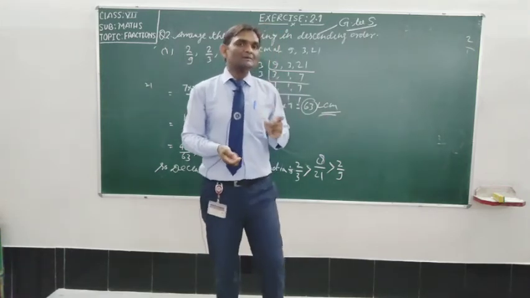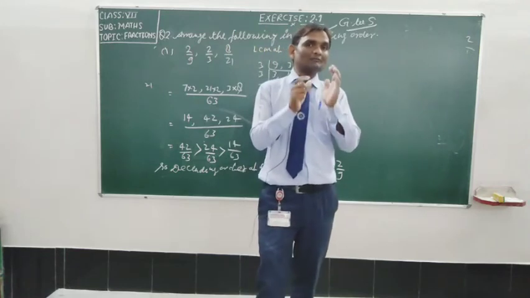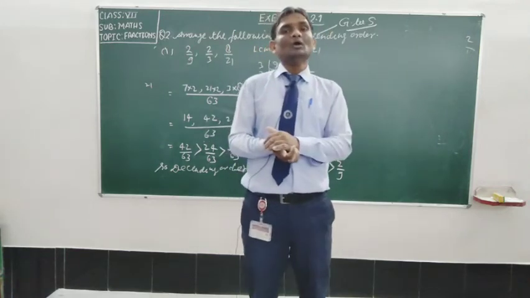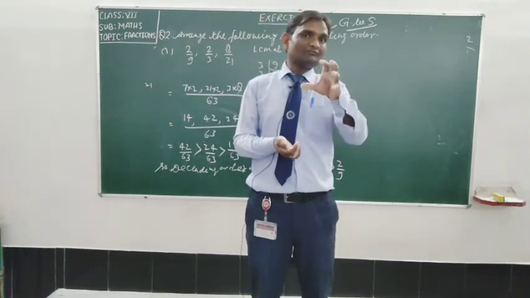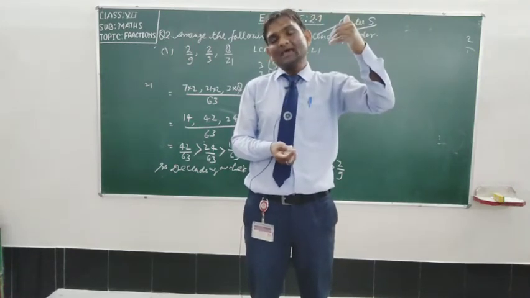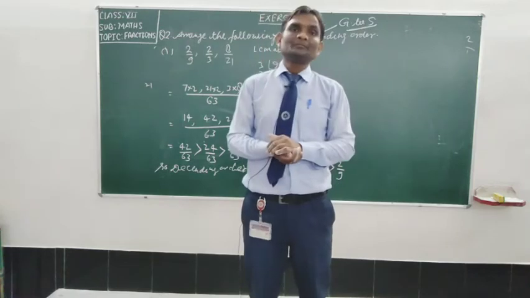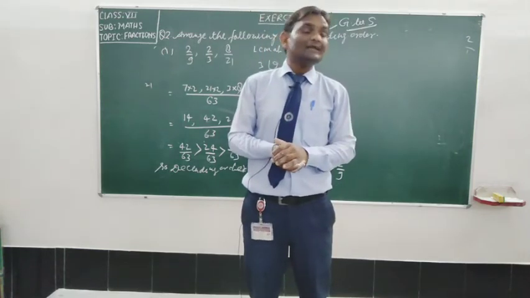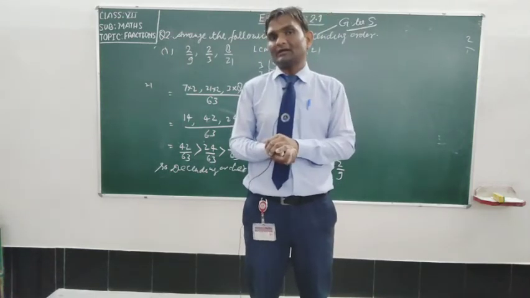So student, if the sum of all the fractions in the rows, the sum of all the fractions in the columns, and the sum of all the fractions in the diagonals are the same, then that is a magic square.